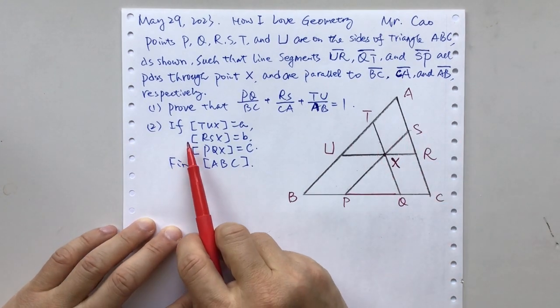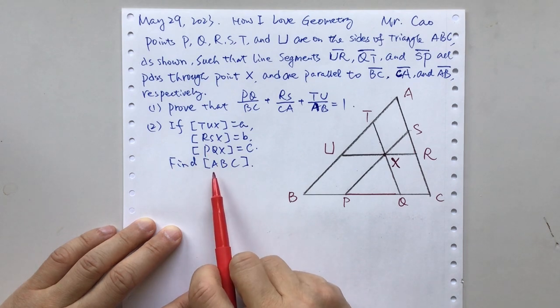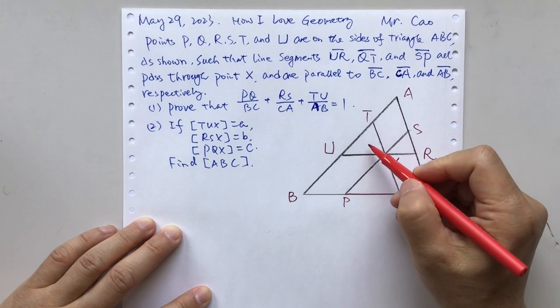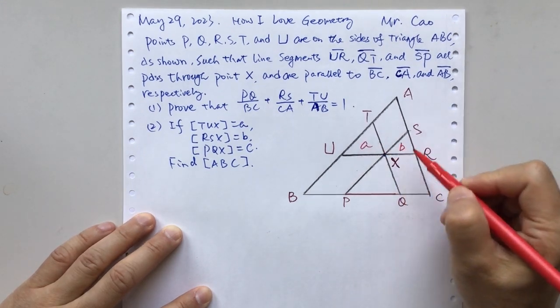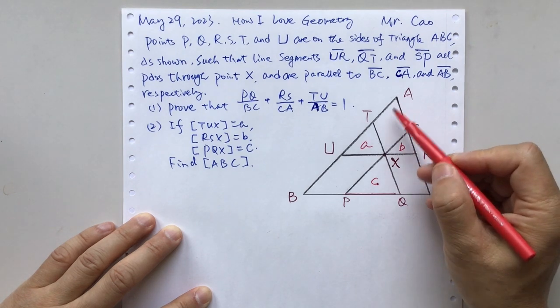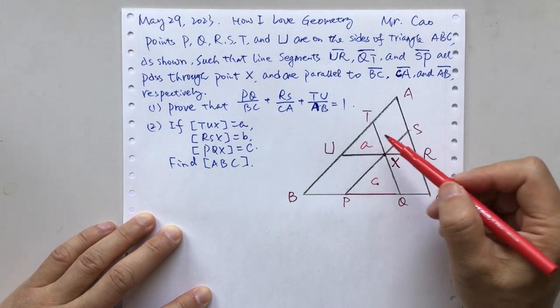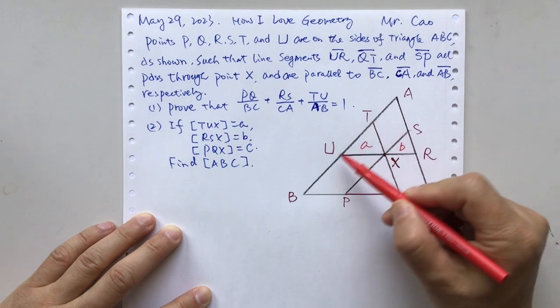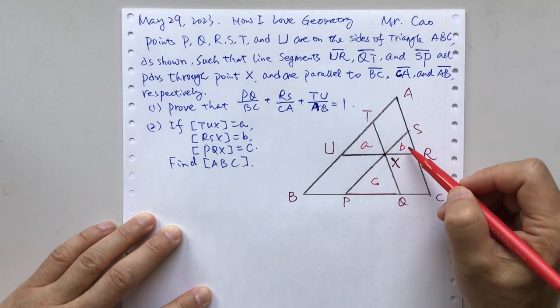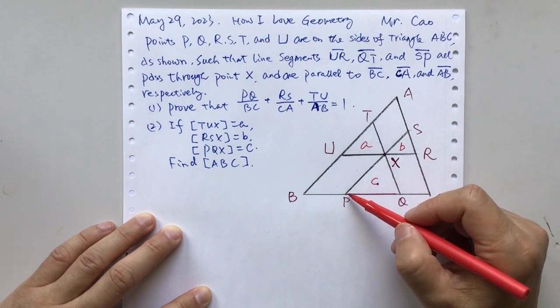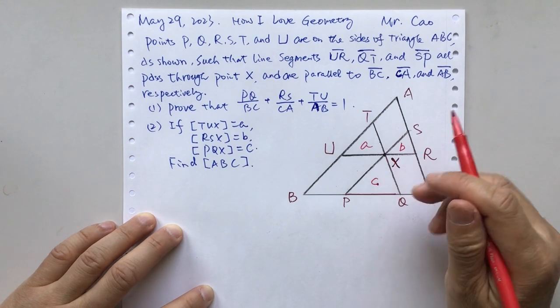And the second part led us to find the area of ABC. Use A, B, C to represent the areas: A is the area of the small triangle TUX, B is the area of SRX, and C is the area of triangle PQX.